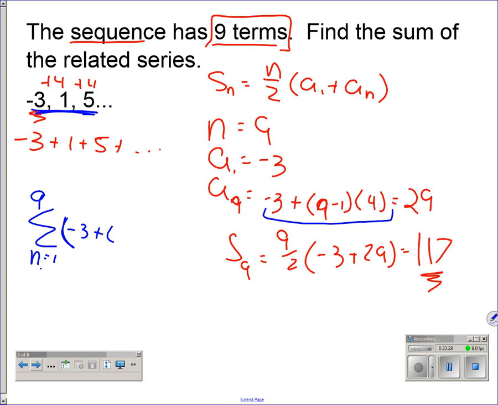And because n's our variable, we just leave that as n. And then what was our difference? 4. So all I had to type into this was my first to 9th term, and all I had to know was to write my explicit formula. And that's going to equal the same thing as doing the actual formula, which is 117.